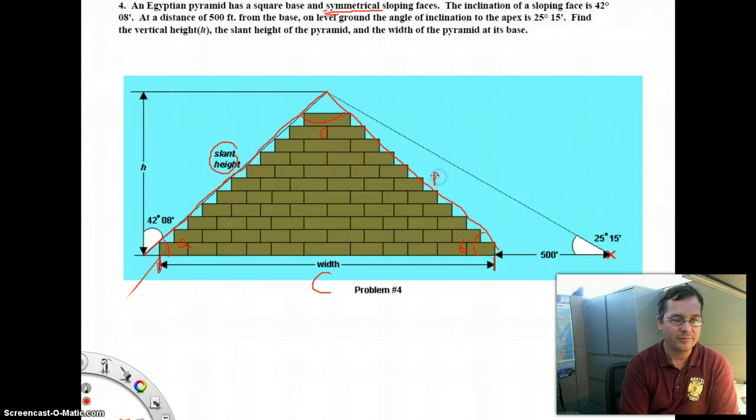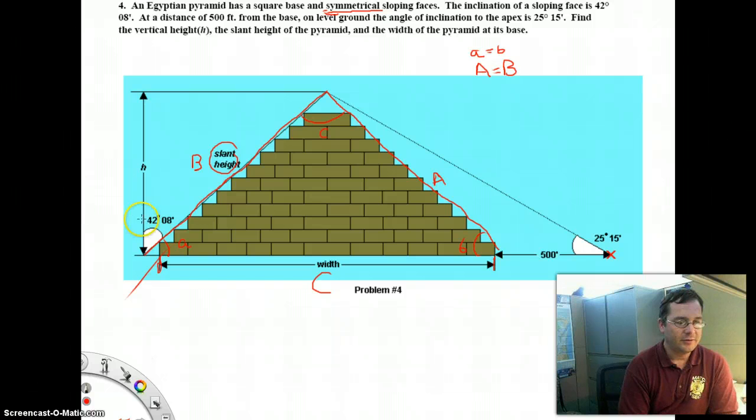This would be side A, capital A. The sides are named after the angle that they are opposite to, and that would make this side over here side capital B. The assumption that this is symmetrical tells us that angle A equals angle B, and that length A equals length B.